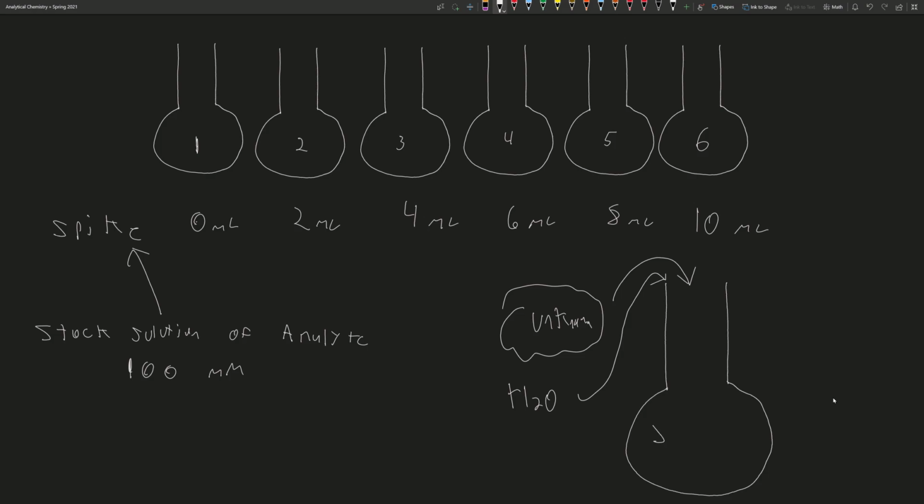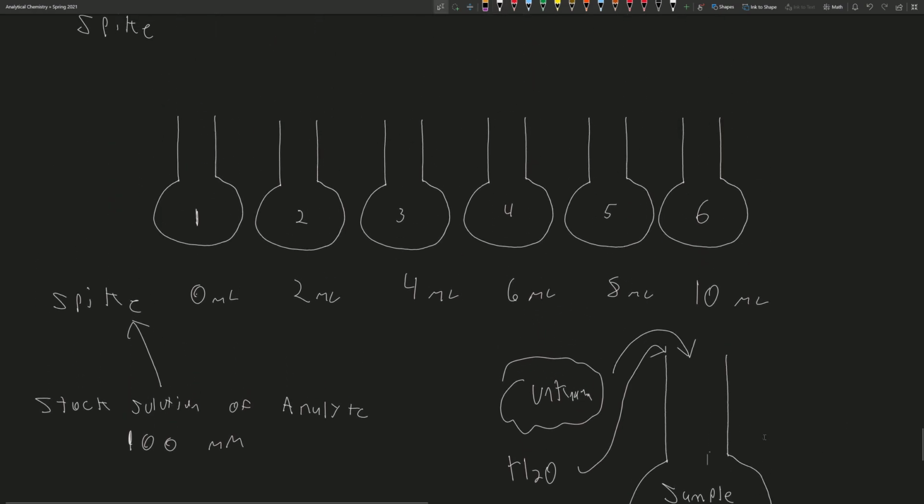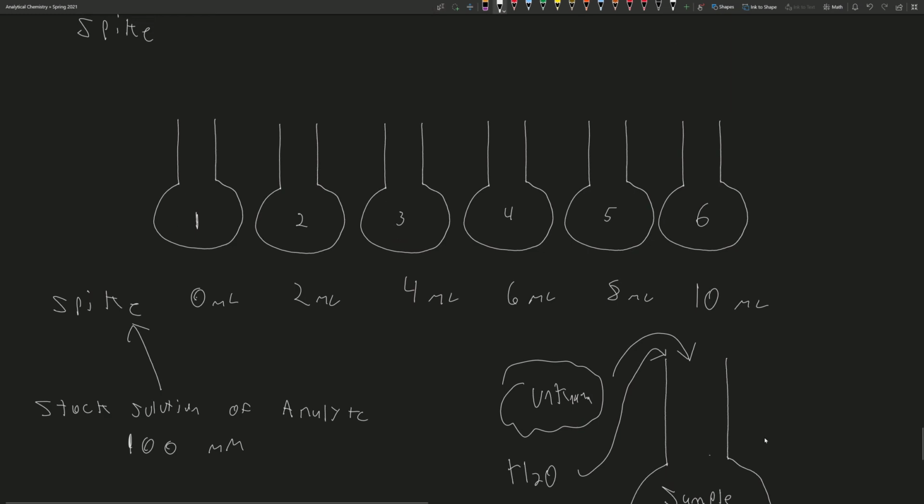So this will be our sample. So here we have a solution containing our sample that we want to analyze. And so what we are going to do is add this solution.